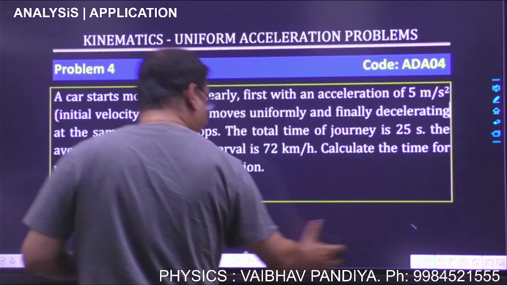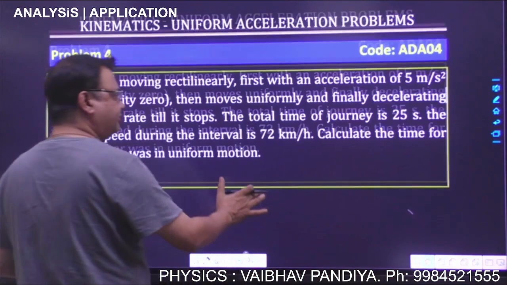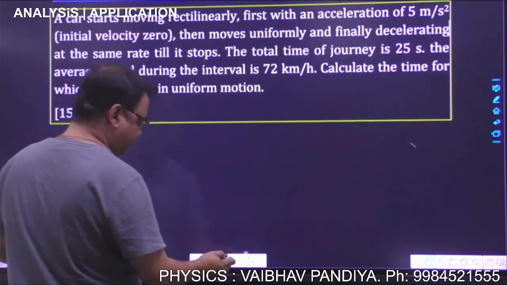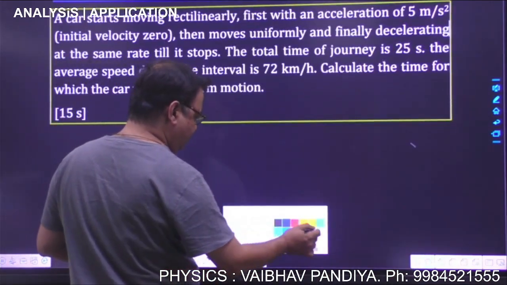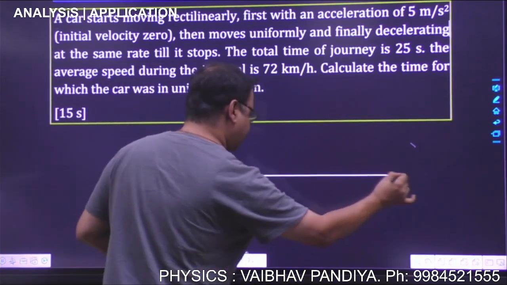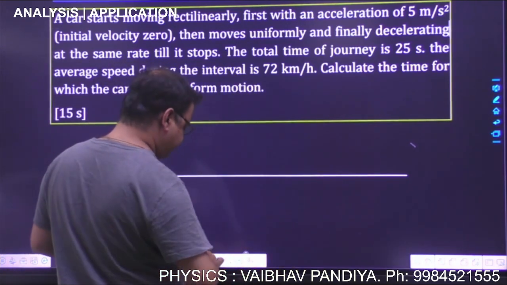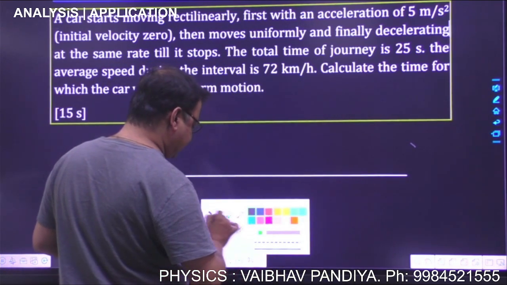Okay. So we have a problem in which the car is going along a straight line. If you want to visualize the motion of the car, say the car is starting the motion at t is equal to 0.